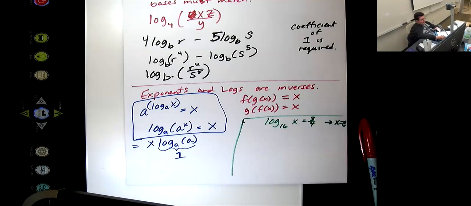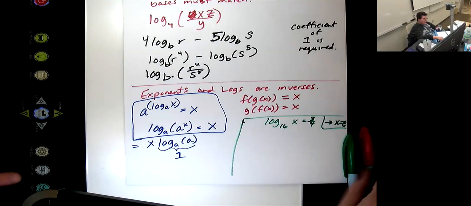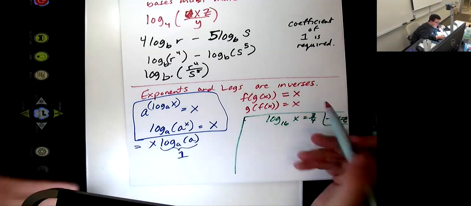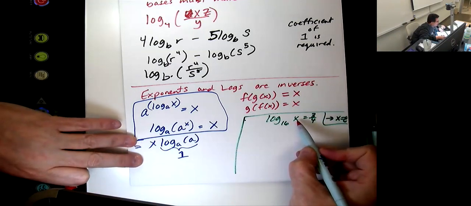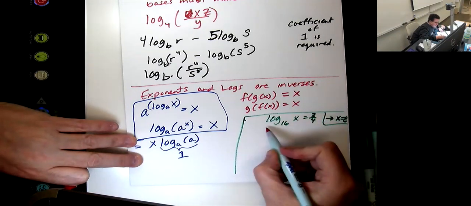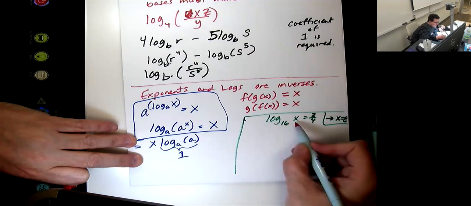We're going to do this with a different method. If I want to get x out of the logarithm, I can treat each of these as exponents for base 16.